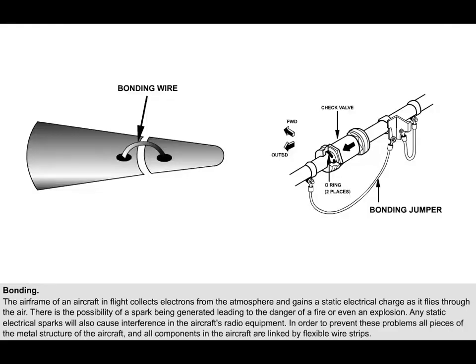In order to prevent these problems, all pieces of the metal structure of the aircraft and all components in the aircraft are linked by flexible wire strips. This process is called bonding, and it provides an easy path for electrons to move from one part of the airframe to another, thus maintaining all parts at the same potential.